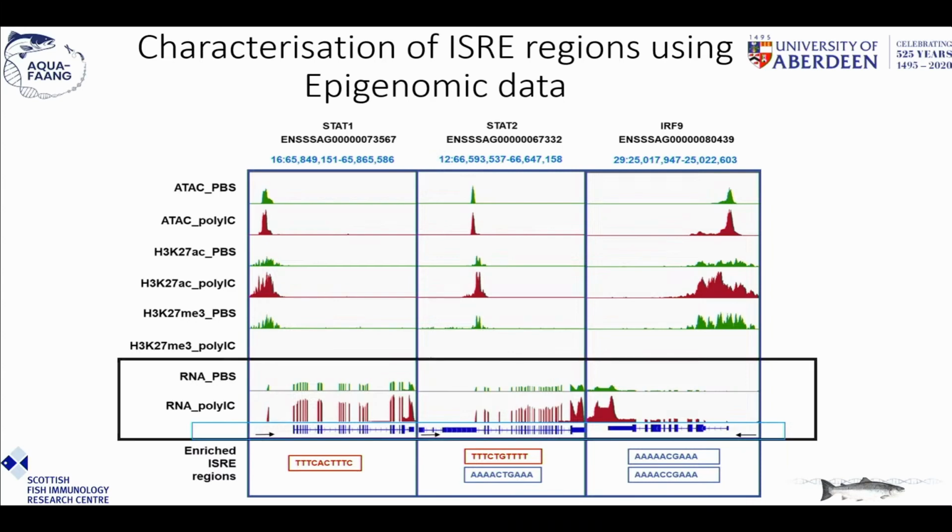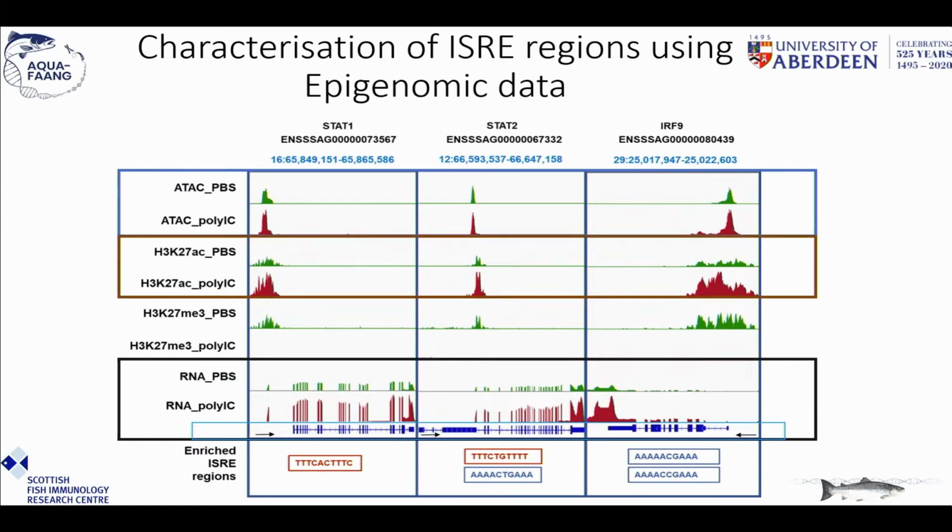Then this is the RNA-seq data, where we have the PBS and poly-IC stimulated. On the top, we have the ATAC data, PBS, which is control, and poly-IC. We do see a clear differentially increased peak in poly-IC compared to the PBS.